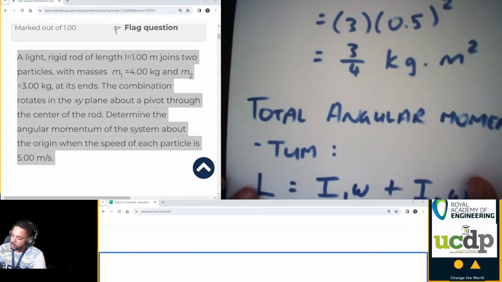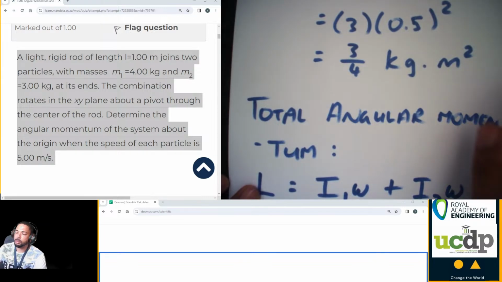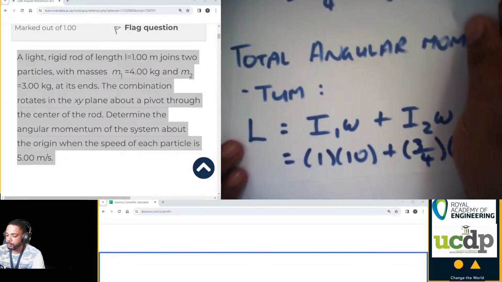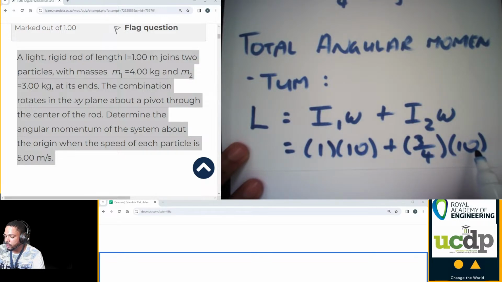The inertia of the second one is 3/4, and the angular velocity is the same for both because they are attached. So this would give you your angular momentum: 10 plus 3/4 of 10, which is 7.5, I think.